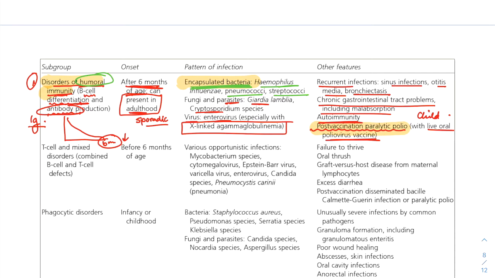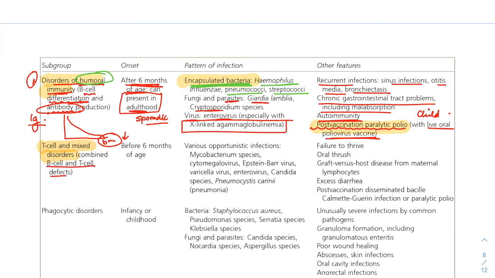Okay, so next we come to T cell and mixed disorders, that is, combined B cell and T cell defects. Now, a child with any T cell defect is not protected by any maternal factors, so any T cell deficiency or disorder will present before 6 months of age. Just like with HIV, the human immunodeficiency virus, which is prone to opportunistic infections due to the lack of CD4 T lymphocytes, similarly there are opportunistic infections in primary immunodeficiency T cell disorders.